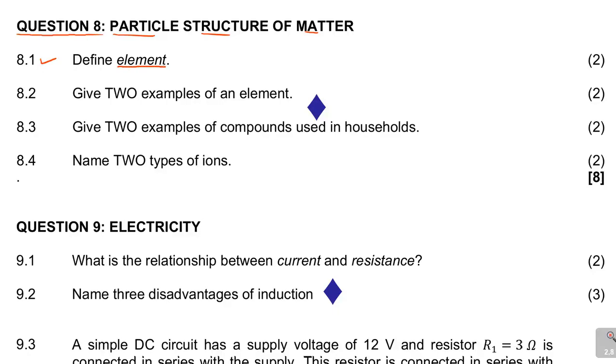Usually it's an old definition that is always common. An element, what is an element? Remember, an atom is the smallest particle of an element. Now what is that element? An element is a group of atoms of the same kind in a substance.